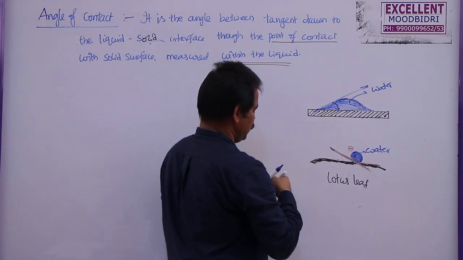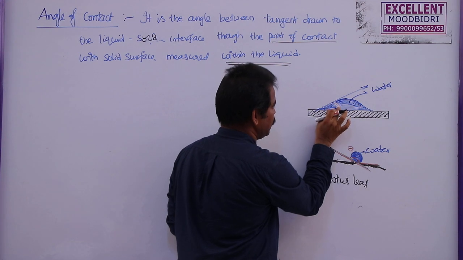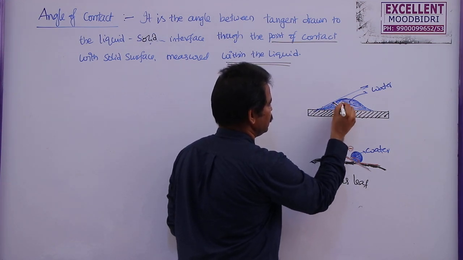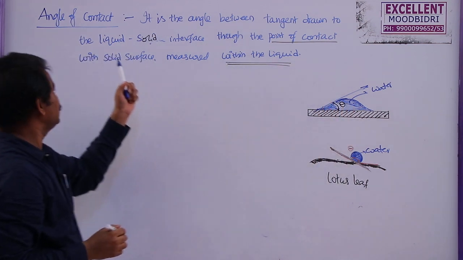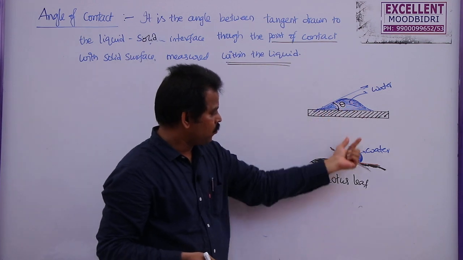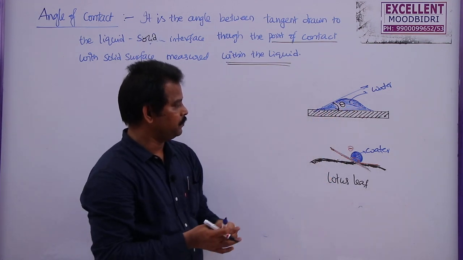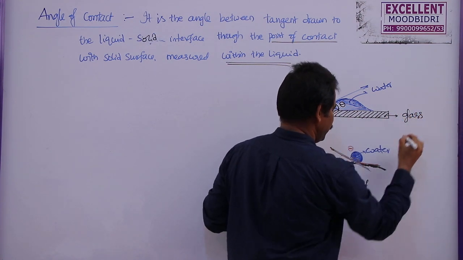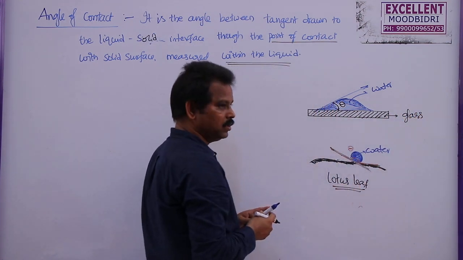So if you measure the angle within the liquid here, this is the angle measured within this liquid. So this angle we call theta, and we call this angle of contact. In both cases we are taking water only, but the solid surface is different. So here the solid surface is glass, whereas here the solid surface is a lotus leaf.